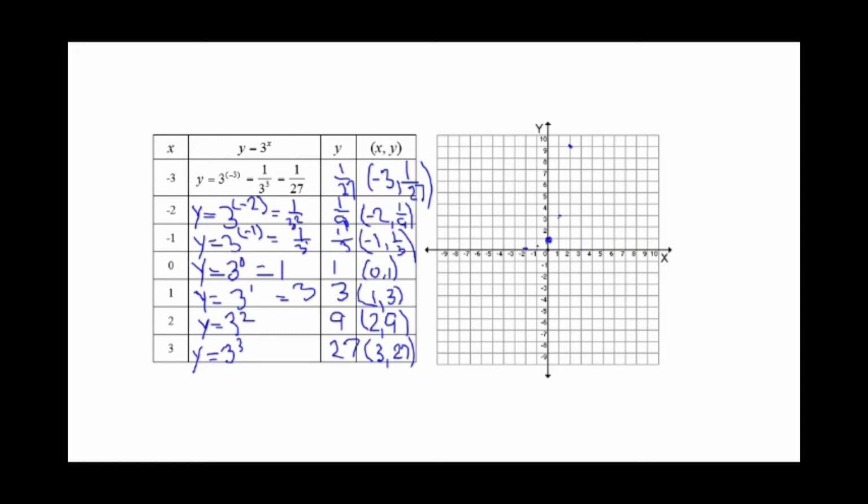Okay. So now, as you can see, my horizontal asymptote will be 0 because the graph is not going to touch 0, but I know it's going to be close to 0. So I'm going to draw my line. Let's start here.